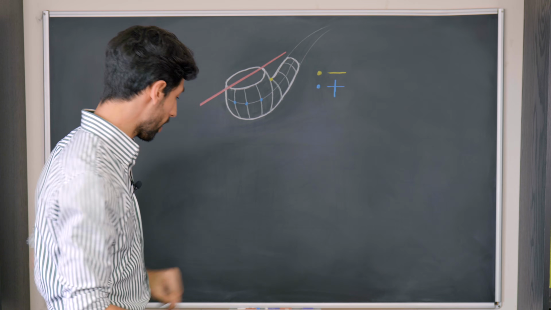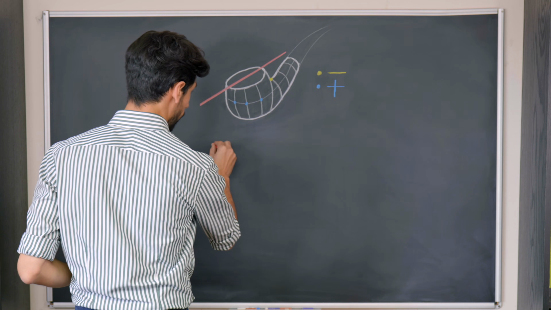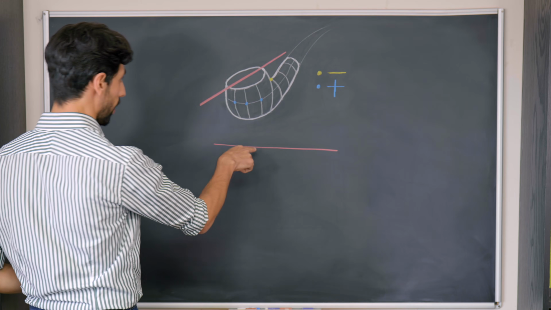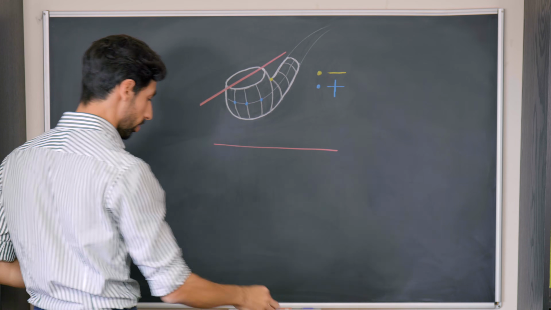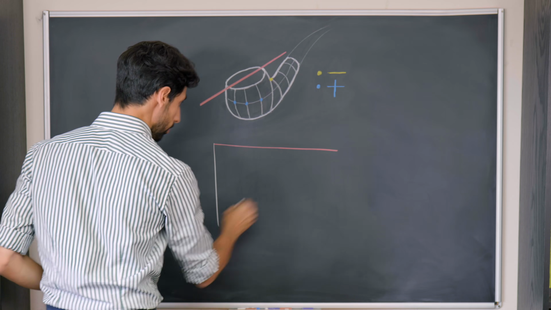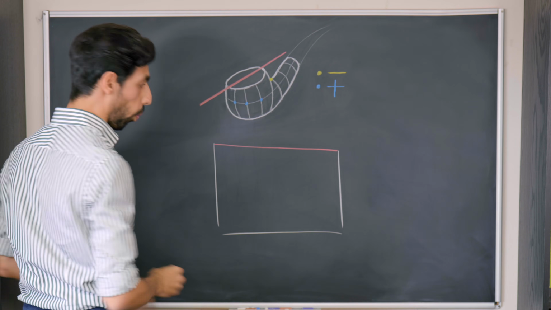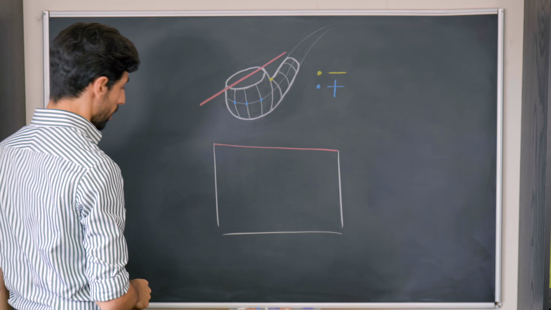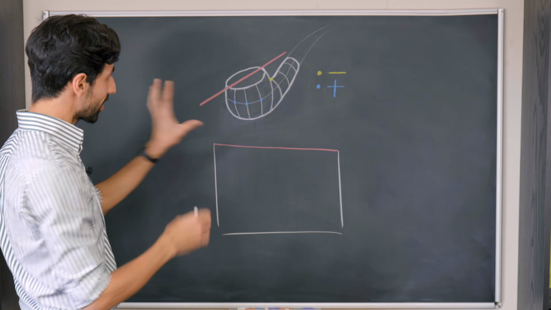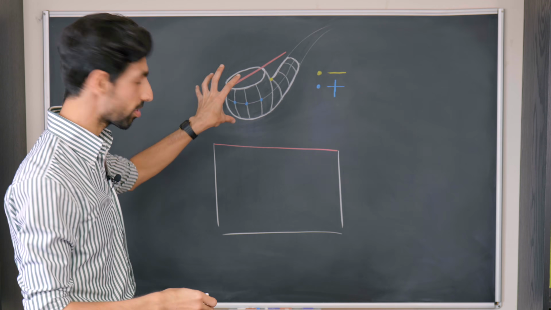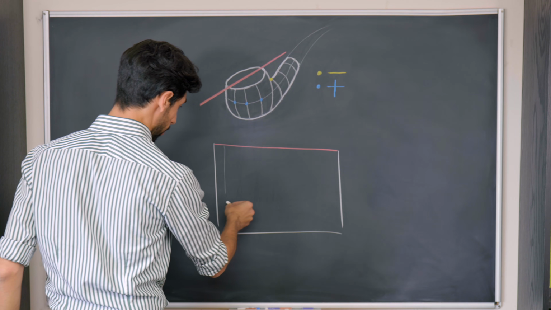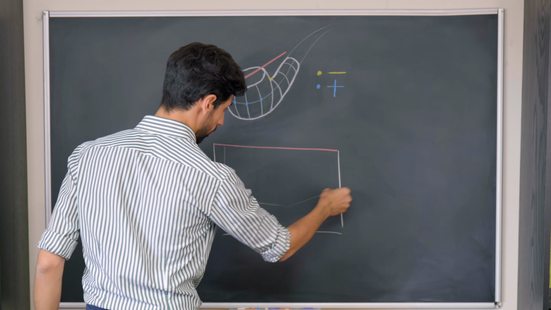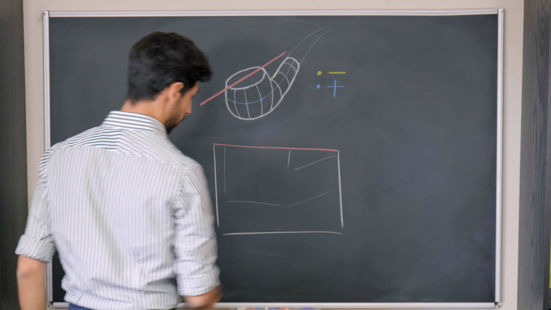So once you've got that, we're going to begin with our rectangle. This red line is just simply the mirror line. So we're going to do half pattern because it's a lot easier. And you're going to mark out your one panel. Then you're going to roughly sketch out the gist of this object. So in this case, if we're going to be very rough with it, it's going to be something like this.